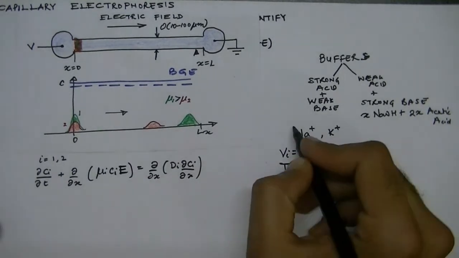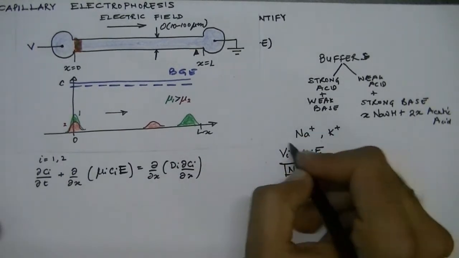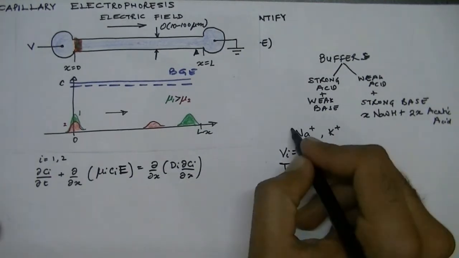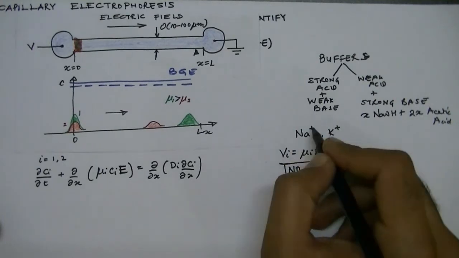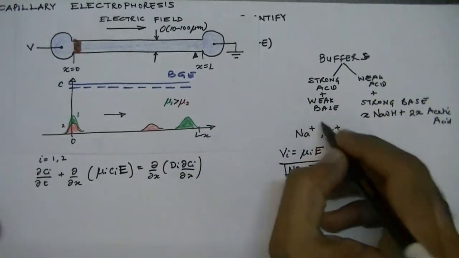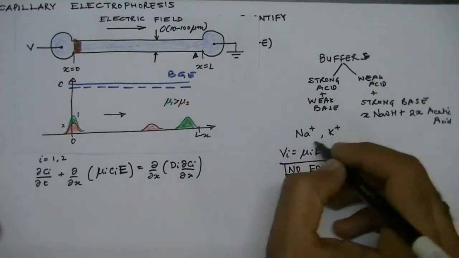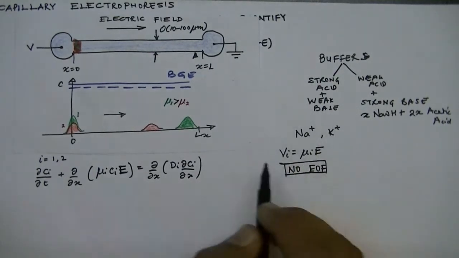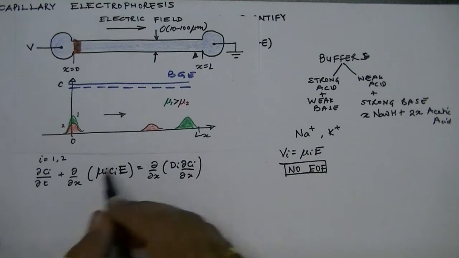For strong acids and bases, so in this case, let's say for NaOH, the strong base is fully ionized, so the mobility for fully ionized ions is constant, and diffusivity also depends on mobility.